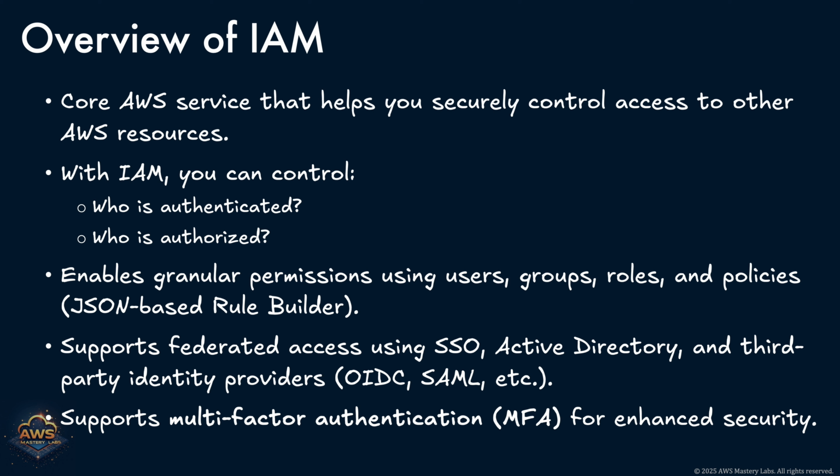To strengthen your security posture, IAM also supports multi-factor authentication, MFA, adding an extra layer of protection beyond just usernames and passwords. With IAM, you're not just managing access, you're laying the foundation for secure, scalable, and compliant cloud architecture.